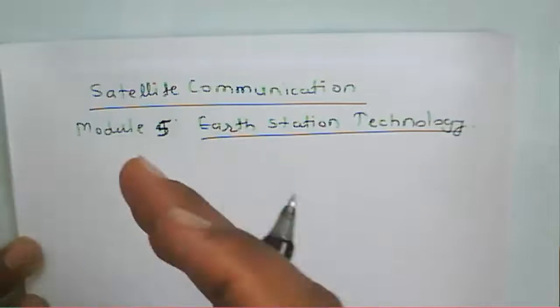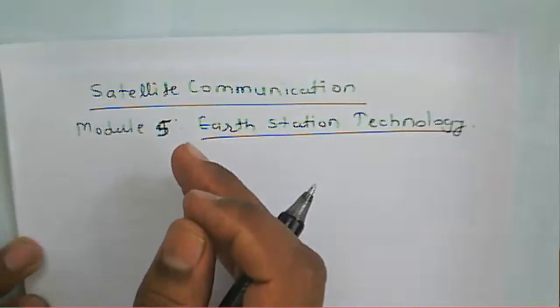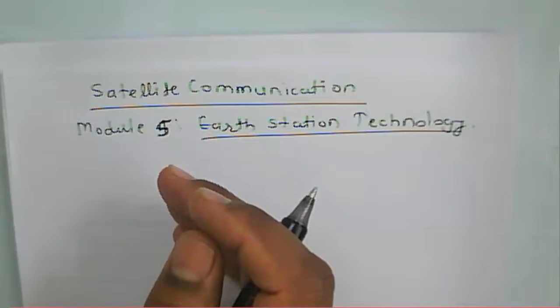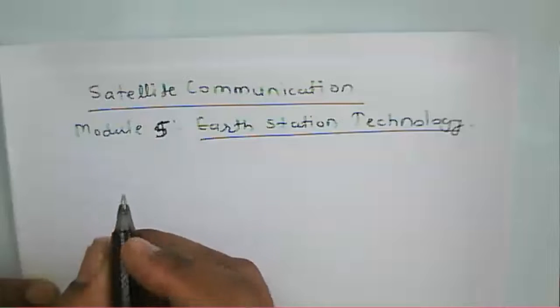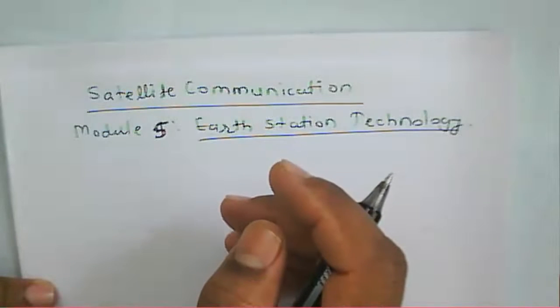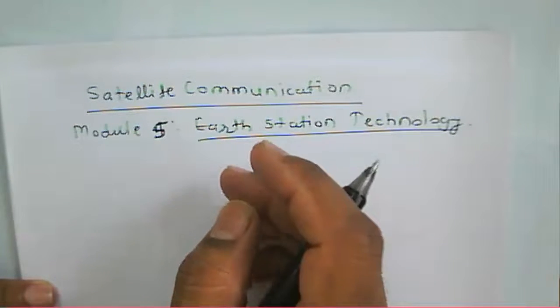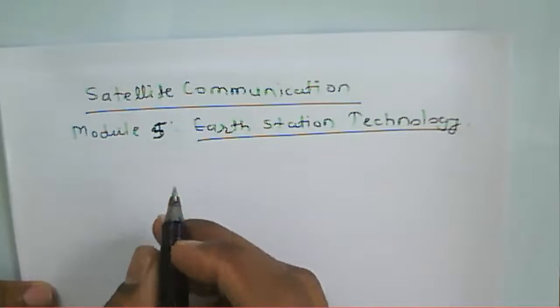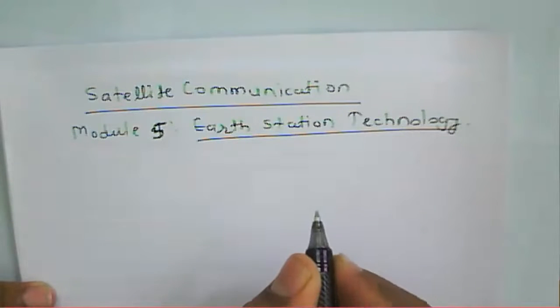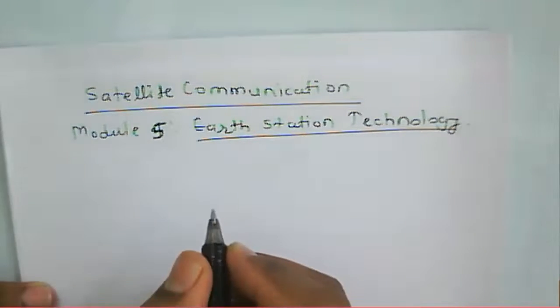So we see that the terrestrial interface module has various inputs, or you can say different sources, and that input is given to the Earth station, and then the Earth station transmits the signal to the satellite.